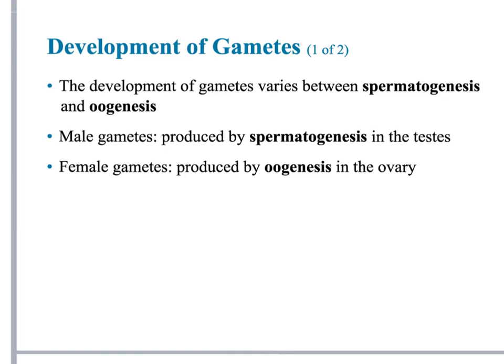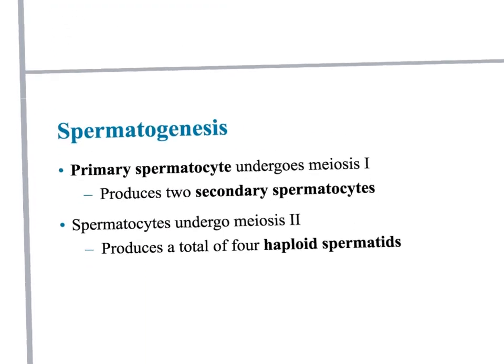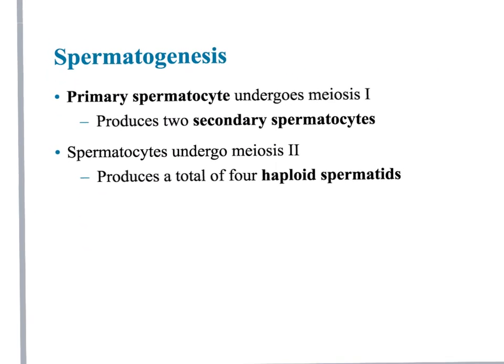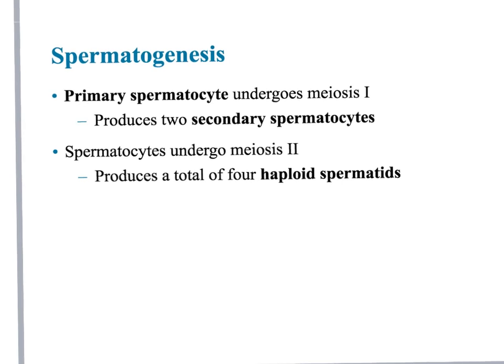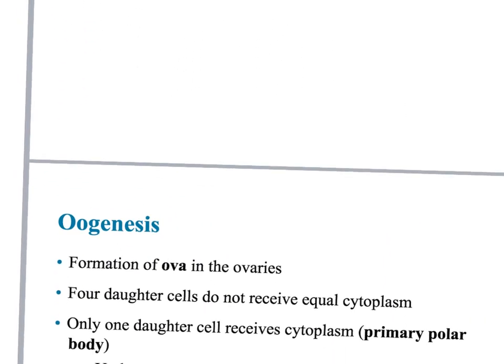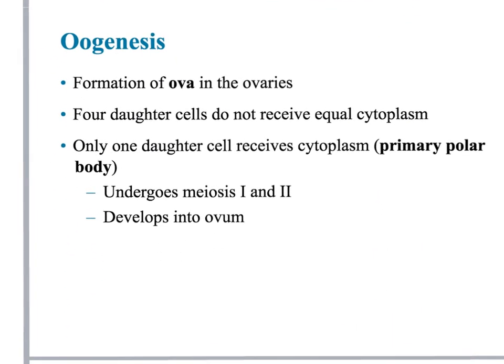Male gametes are produced by spermatogenesis in the testes, and female gametes are produced by oogenesis in the ovary. A primary spermatocyte undergoes meiosis 1 and gives us 2 secondary spermatocytes, which then undergo meiosis 2 to give us 4 haploid spermatids.